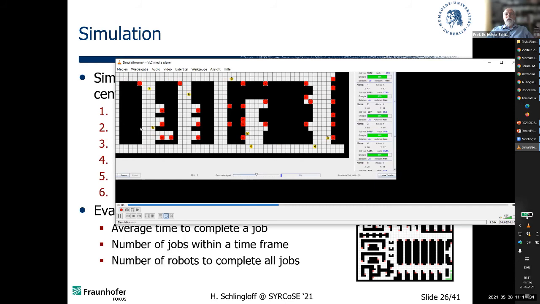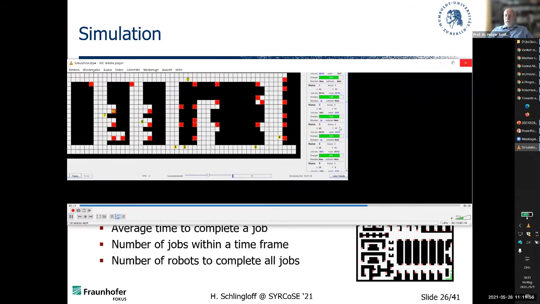In fact, this is a map of an actual factory floor and actual machines. We have a number of robots around here, and a number of defined jobs. Then we have the job distribution, and we can measure how long it takes to satisfy all the jobs. So this is a simulation approach.